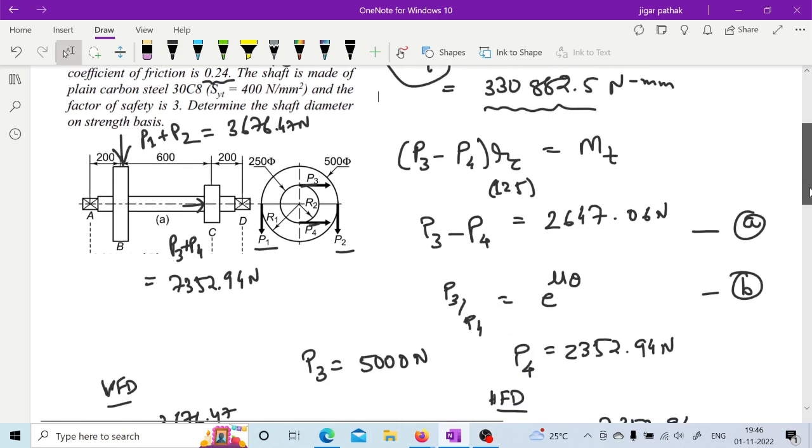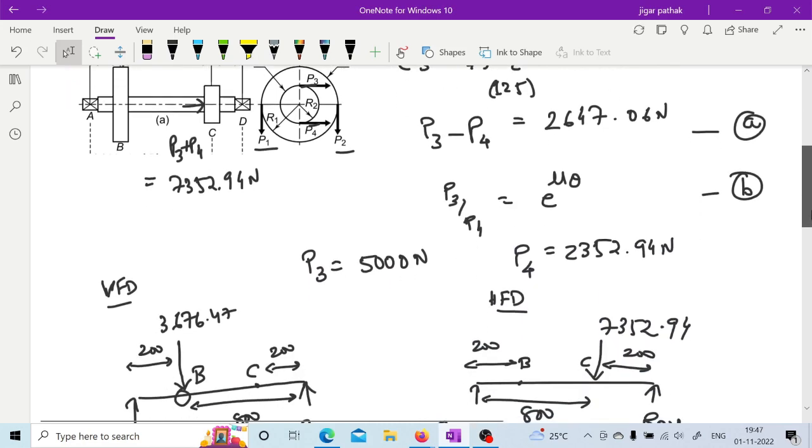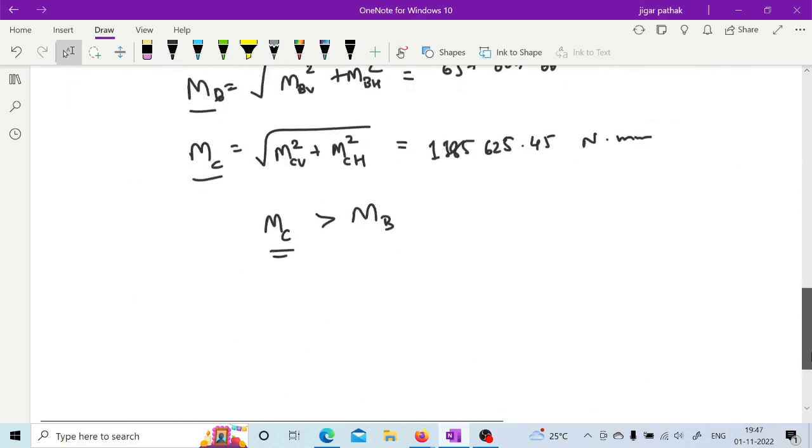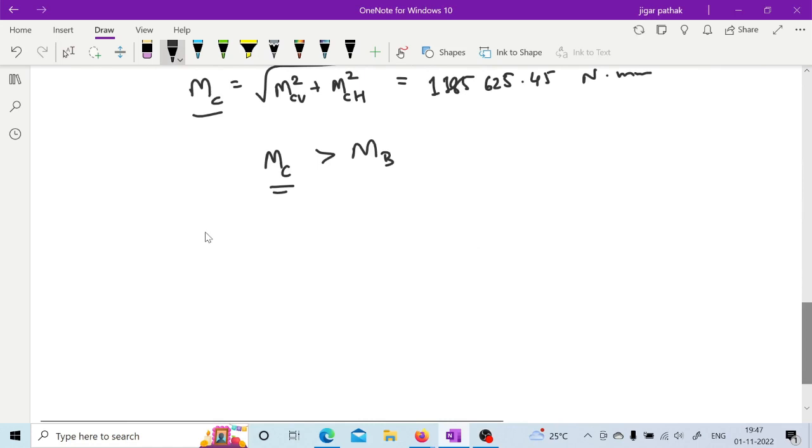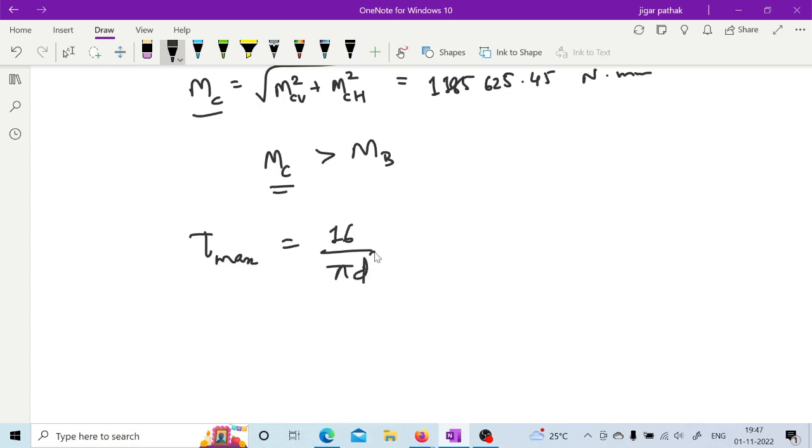So now you can apply that simple relation for tau max, which is equal to 16 upon pi d cube under root of MB square plus MT square. Don't confuse this MB with the moment at B; it is the bending moment. Anyway, here it is capital B.